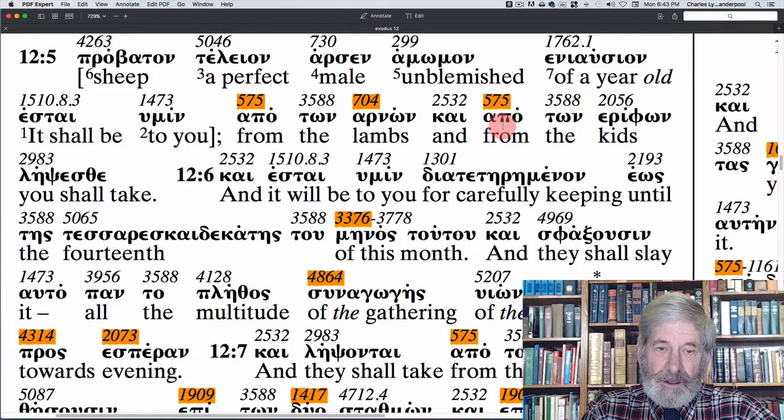Now, there's one other animal that would be into this, and that is an arneon, number 721, which it doesn't mention here, but that's a little lamb. And when Jesus was talking to Peter at the Lake of Galilee right before his resurrection, he told Peter, "Do you love me?" and so forth, and feed my little lambs.